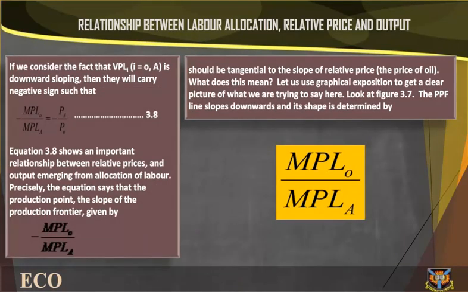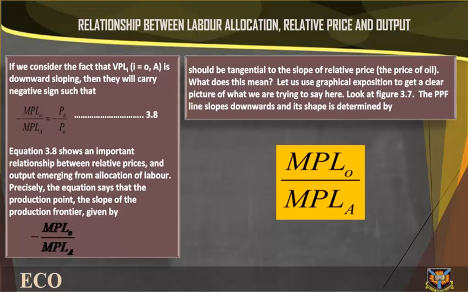If we consider the fact that the VMPL curves are downward sloping, then they will carry a negative sign, such that equation 3.8 shows an important relationship between relative prices and output emerging from the allocation of labor. Precisely, the equation says that the production point, the slope of the production frontier, should be tangential to the slope of the relative price, the price of oil.